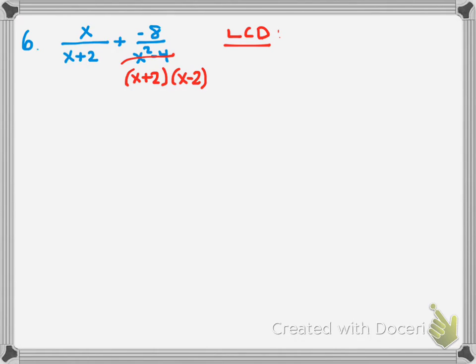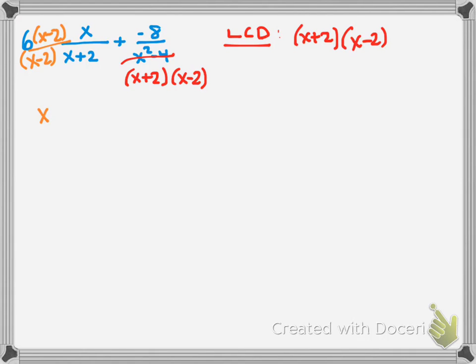So now when we talk about our LCD, it looks like we're going to have an LCD of x plus 2, which they both already have, and then x minus 2, which we know we need to add to the first fraction we have. So we're going to go ahead and do that. So we need to multiply the numerator by x minus 2 and the denominator by x minus 2.